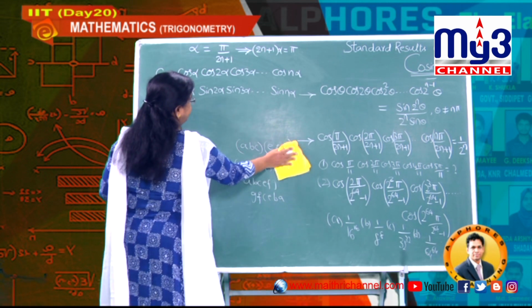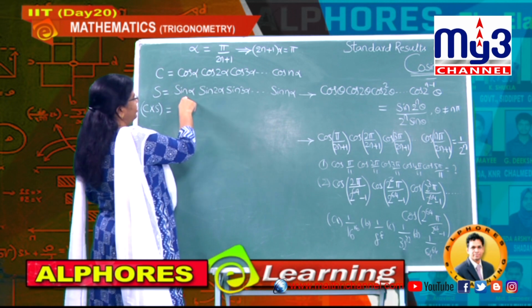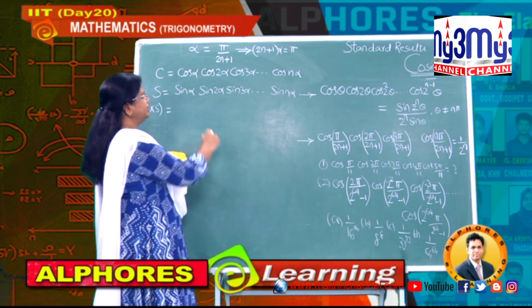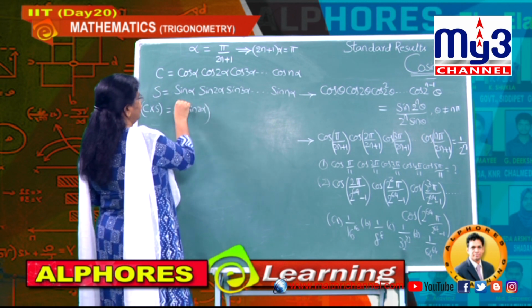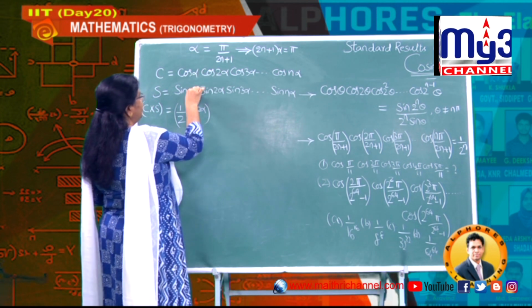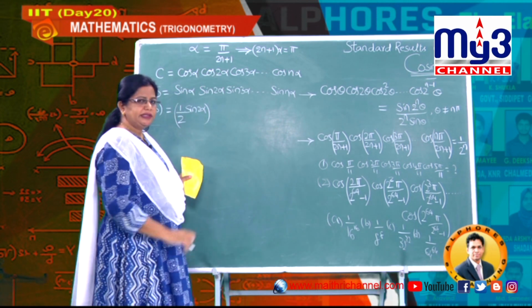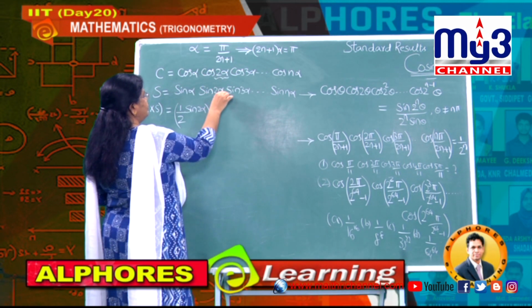Now here also we are doing the multiplication, sin alpha into cos alpha. What is sin alpha into cos alpha? Half sin 2 alpha. Got it, students? I am not multiplying, dividing again etc. Now again the multiplication you are doing in the same angle, alpha alpha. Now 2 alpha 2 alpha.